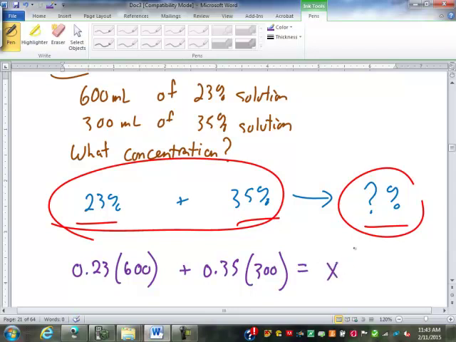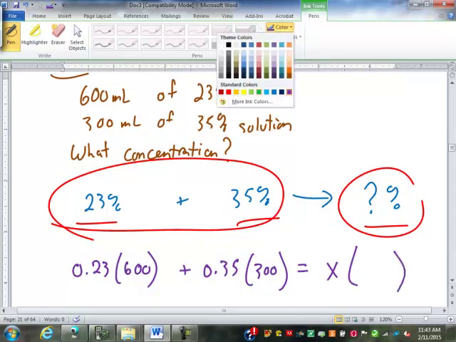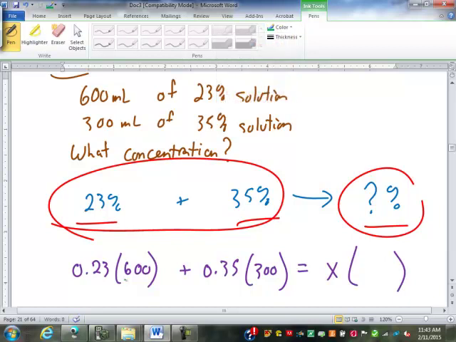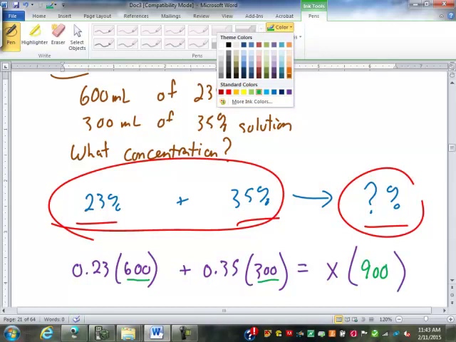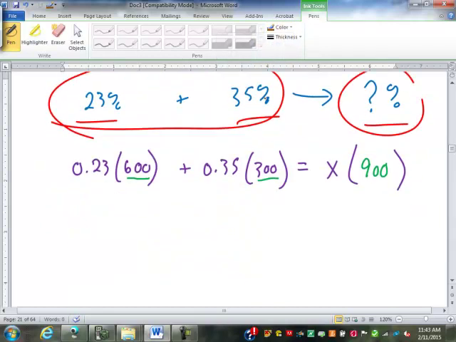That's going to be X. But we do know the volume. What's the volume of that final solution going to be? We have 600 milliliters and 300 milliliters. That's going to give us a total of 900 milliliters.